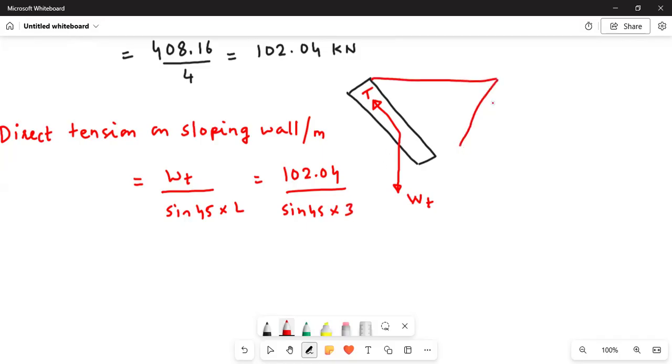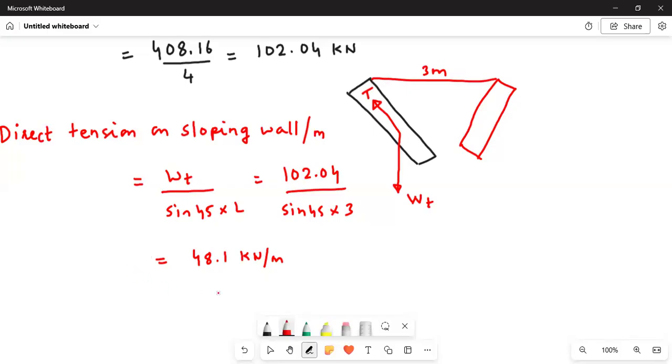You're talking about the length of the hopper bottom at the top, 3 meter. So the direct tension that you are getting is 48.1 kilonewton per meter, because we are finding direct tension per meter length of the hopper bottom. Okay, so we got the direct tension.